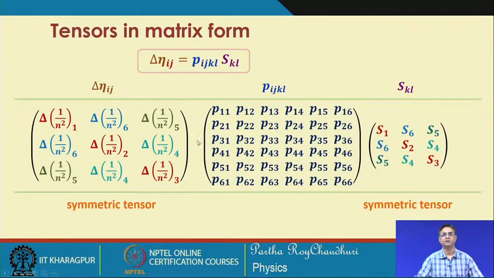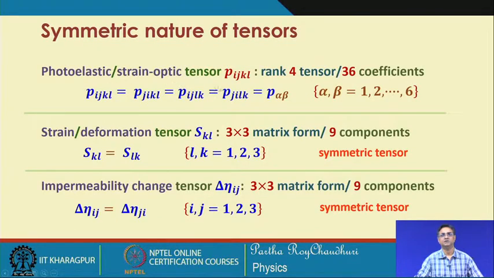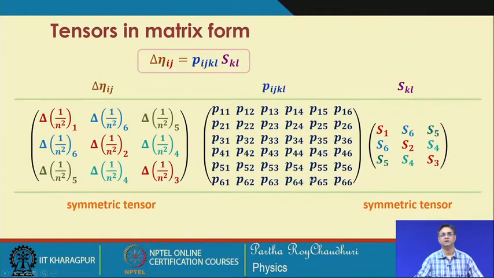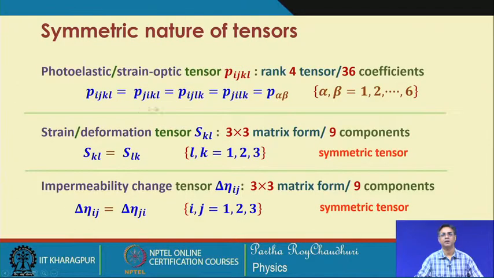So, we can put an equal to sign and then we can arrange to calculate the individual change in the refractive impermeability or the refractive indices. Therefore, this is a rank 4, 36 element tensor. We have seen that this is a 6 by 6 matrix and you can apply this index contraction.